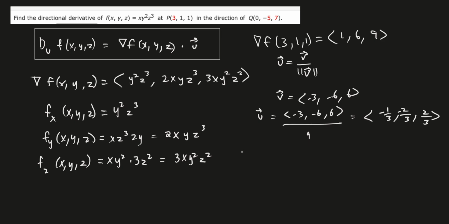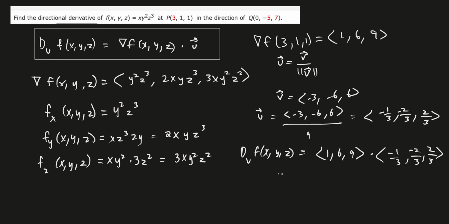And then to find the directional derivative in the direction of the vector u, we only just need to take the gradient, which is that 1, 6, 9, dot it with negative 1/3, negative 2/3, 2/3. That gives you 1 times negative 1/3 plus 6 times negative 2/3 plus 9 times 2/3.